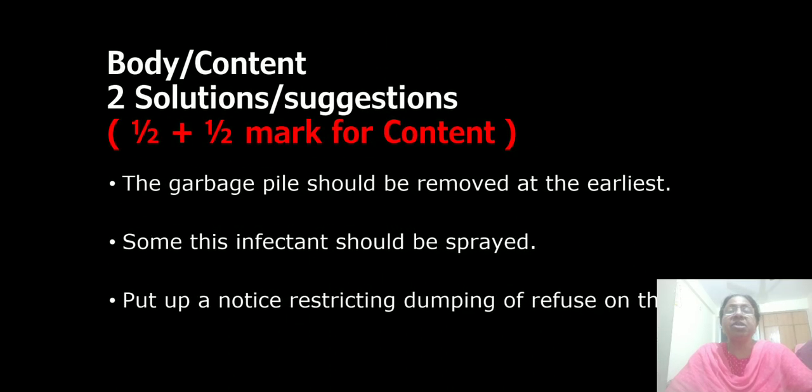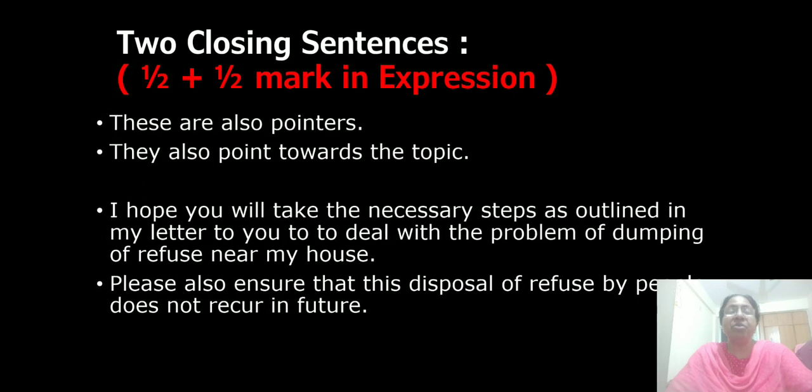Now we come to the body or content where we have the solution or the suggestion. So we write two solutions or suggestions. The garbage pile should be removed at the earliest. Some disinfectant should be sprayed. Then put up a notice restricting dumping of refuse on the road.